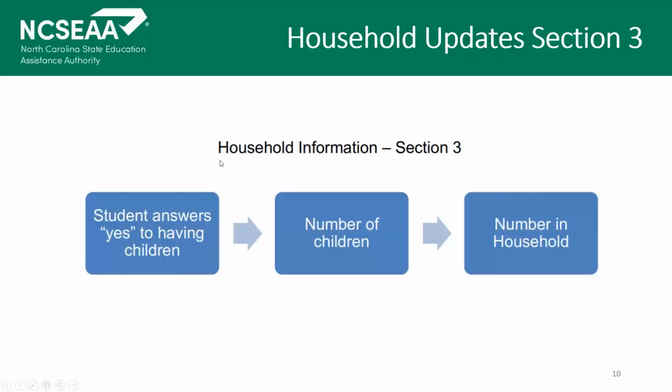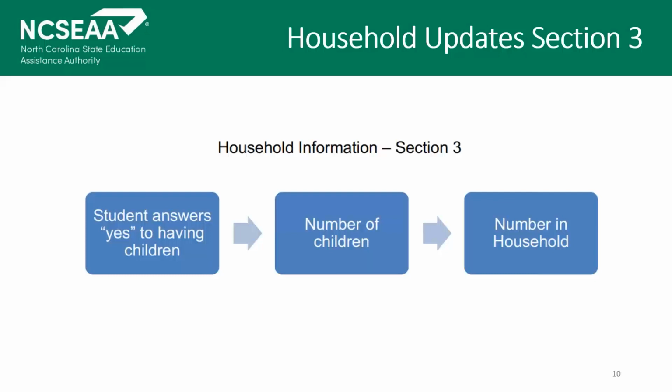Household information, again, going through the application. If a student answers yes to having children, it will then prompt them to enter the number of children in the household, and then it will give the total number in the household, which will also include the student. So it will automatically account for the student in addition to their children to give them the total number of people in the household that should be reported on the FAFSA.